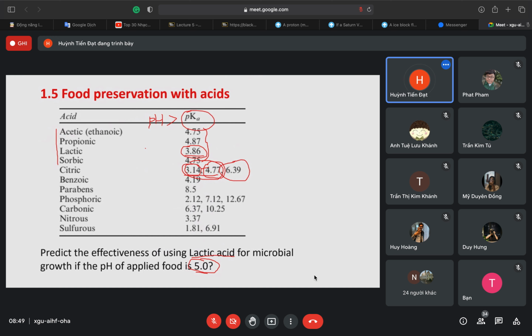We can predict which one is effective and which one is not effective, and then you can suggest to the company, please buy this one and try it for preservation. So you can base it on science and predict what is effective. Good? Continue, okay?